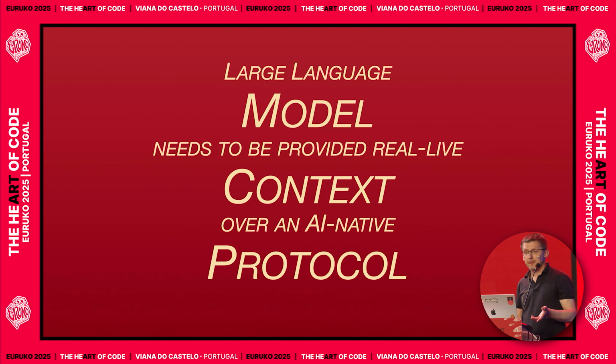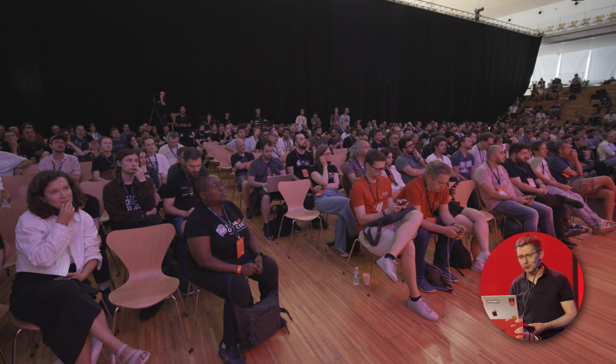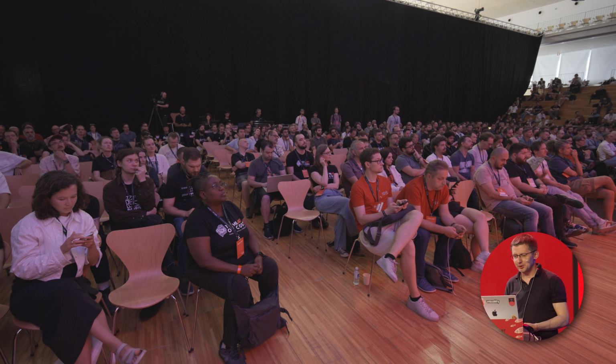On that note, in order to enable live interactions between LLMs and web applications, large language models need to be provided real-life context over an AI-native protocol. Well, such a protocol has been created and, of course, was called Model Context Protocol, MCP in short.